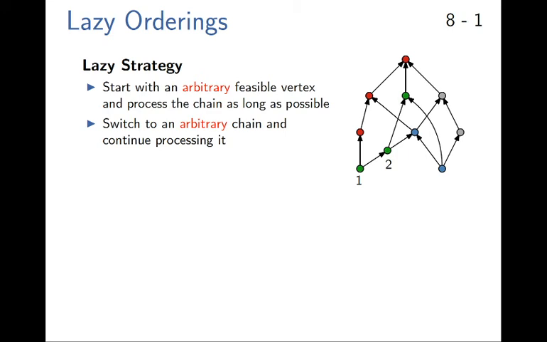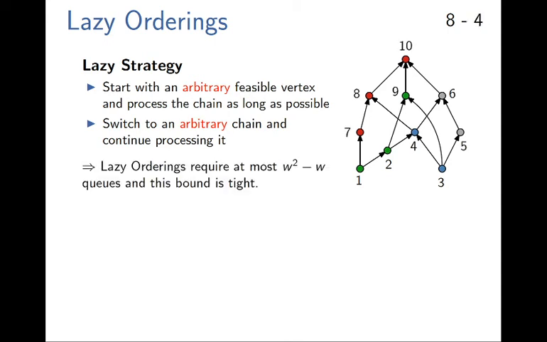And there is a lot of arbitrariness in the strategy. You can make really bad choices. The question is, how bad can it be? And we were able to show that no matter how bad your choices are, W square minus W queues are always enough. One has to say here that W square is a natural upper bound for this problem.